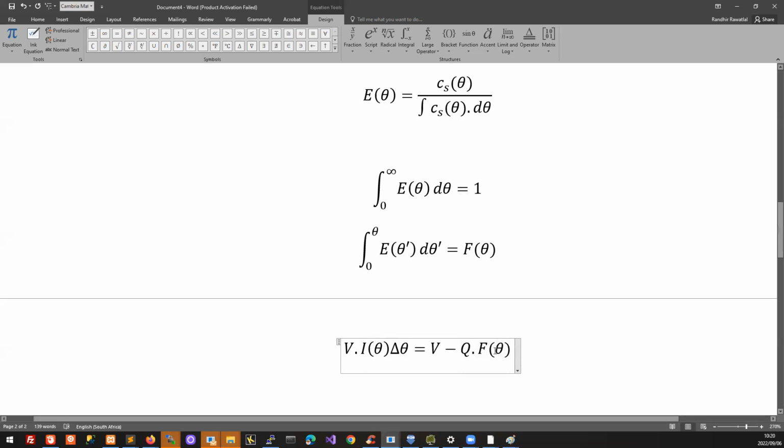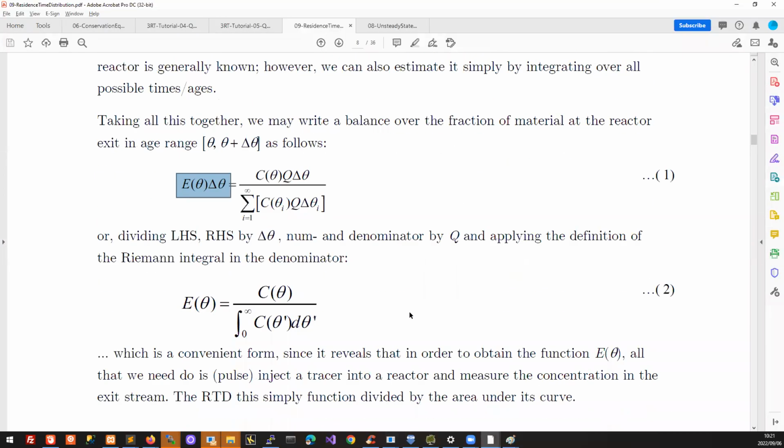And we need to multiply by the time range, delta theta. So this balance shows us what's left over in the reactor if we consider what was originally in the reactor and what was removed from the reactor. So it's a simple balance like that.